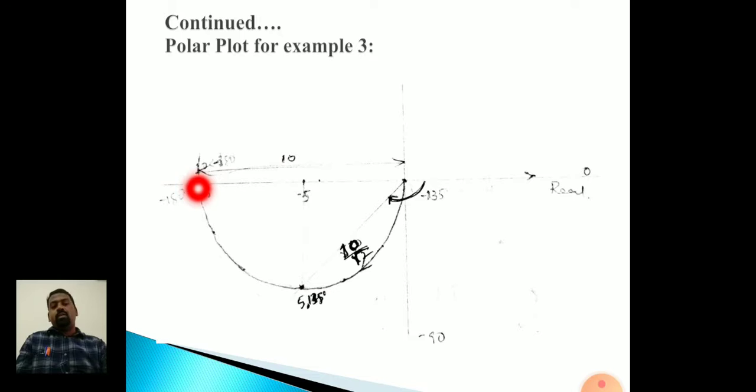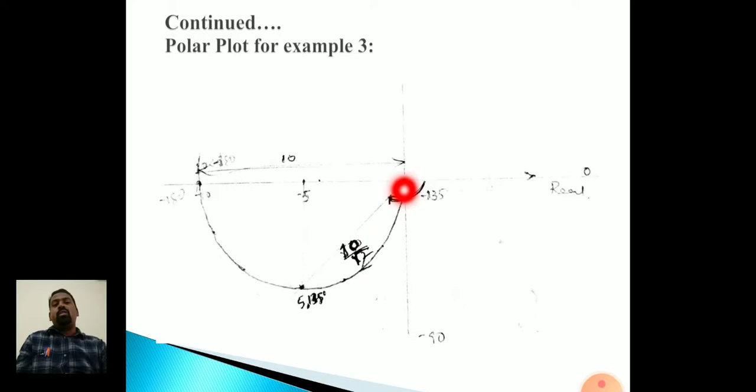As omega tends to 0, M omega is 10, phi omega is minus 180 degree. As omega tends to infinity, M omega is 0, and phi omega is minus 90. The 3rd point, as omega tends to 1, M omega is 10 by root 2 and phi omega is minus 135.